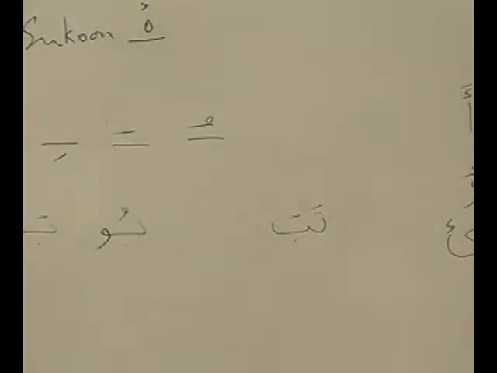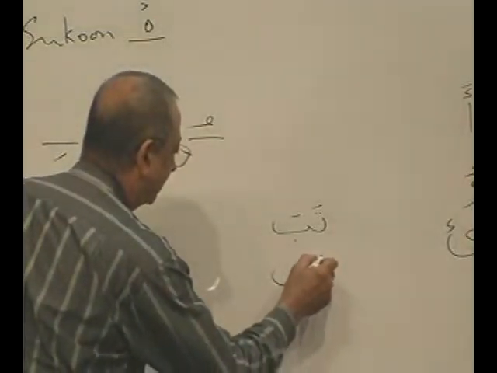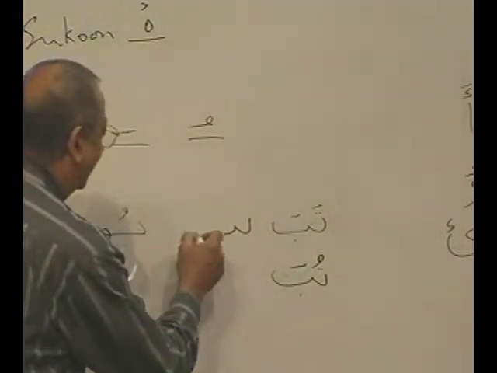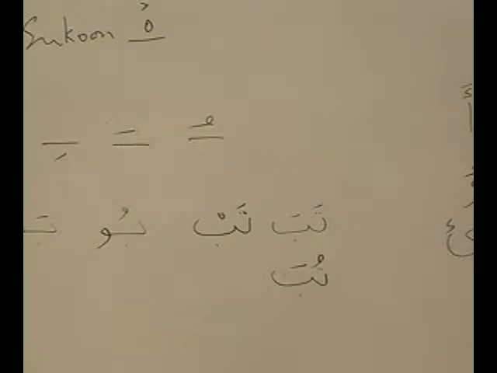What is this, brother? Taba. And what is this? Tuba. Are you with me? Now I write down like this. What is this? Tab. There is no vowel sign on ba.